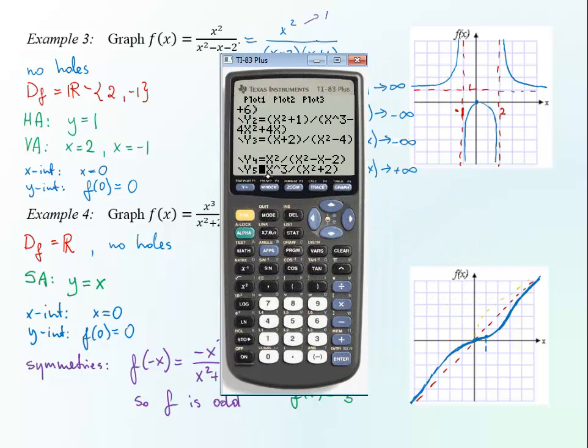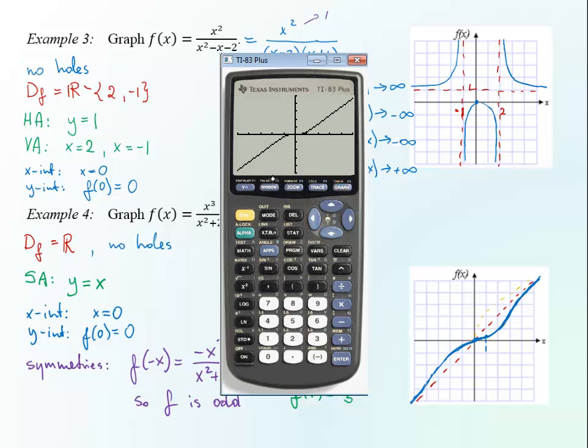And here's our graph of x cubed over x squared plus 2. Yes, it looks like it's approaching the diagonal y equals x as an asymptote. The curvature around the origin is a little bit hard to see. We could zoom in to see it better. Yes, it looks like that. But the general shape confirms our findings.